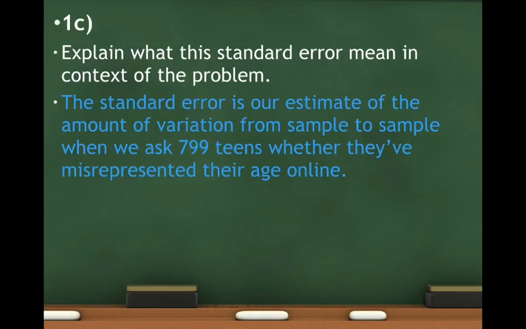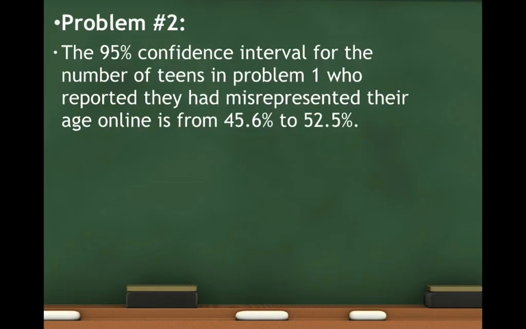Next, let's look at problem 2. Let's say we are given a confidence interval, here a 95% confidence interval, for the proportion of teens who lied about their age, between 45.6% and 52.5%.